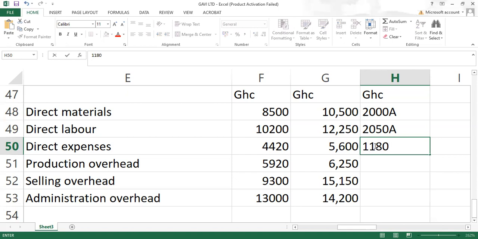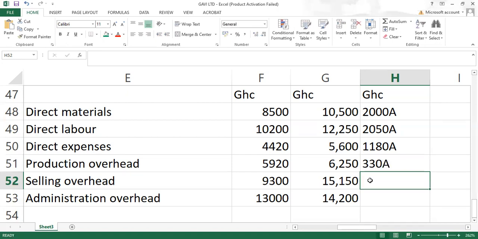Adverse. The next one is what? 330. Favorable or adverse? Adverse. Okay. The next one is what?